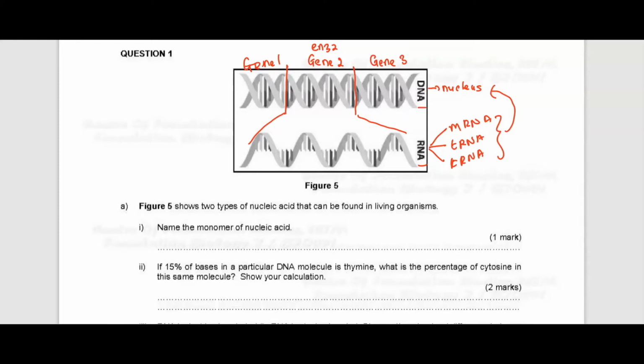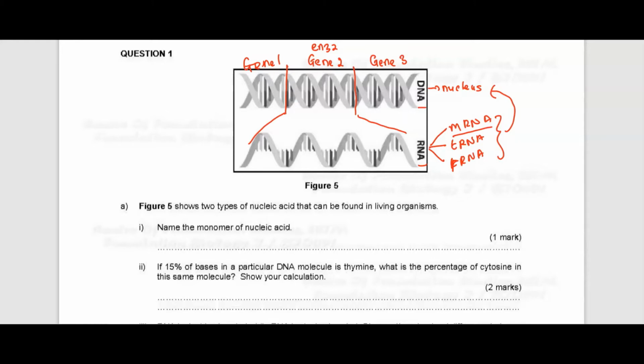As these RNAs are synthesized in the nucleus, they migrate into the cytoplasm to carry out their function, which is involvement in the synthesis of protein. The tRNA will transfer specific amino acids according to the information that is coded in the mRNA.